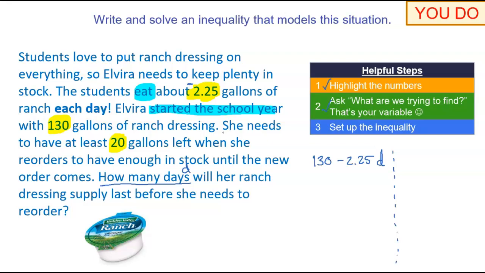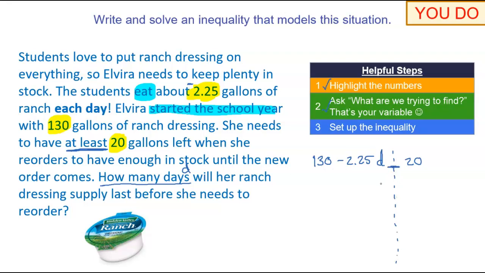And we know that after all of this ranch has been eaten, we need to have at least 20 gallons left. So 20 must be our number on the other side. And we need to figure out which direction this points. At least 20 gallons. Well, we know we could have 20 gallons, so we'll have that equal sign in there.